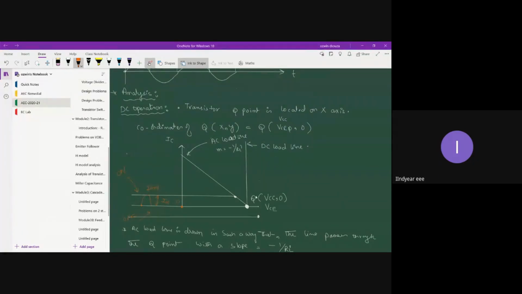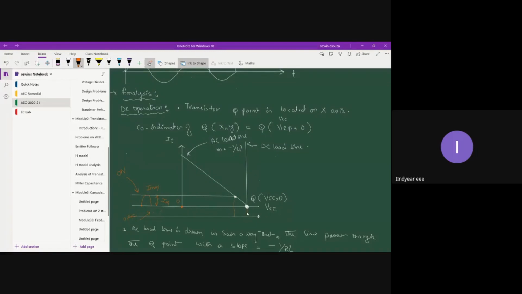So only a 180-degree pulse exists for class B operation. Similarly, the output you can draw. Let me draw the freehand guidelines here. The output exists only for half a cycle.